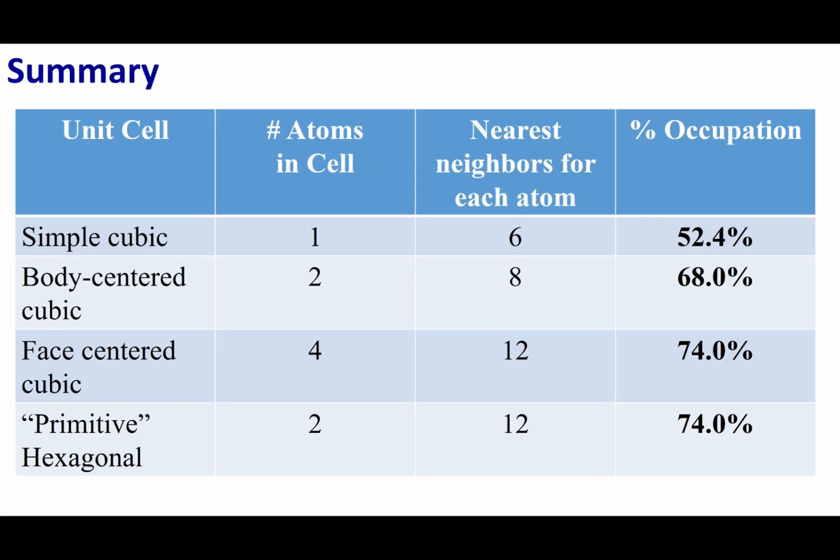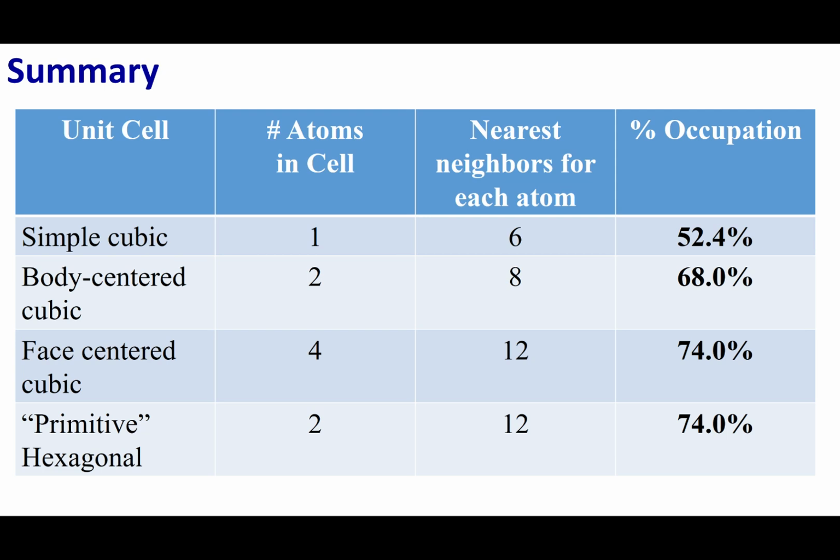All right, gentle people, what I'd like to do is end with a summary of all that we've talked about. So what I want you guys to be responsible for is I want you to know these 4 unit cells. I want you to know how many atoms are in each one of these cells, and I want you to note that 2 of the ones that I talked about are closest packed structures.